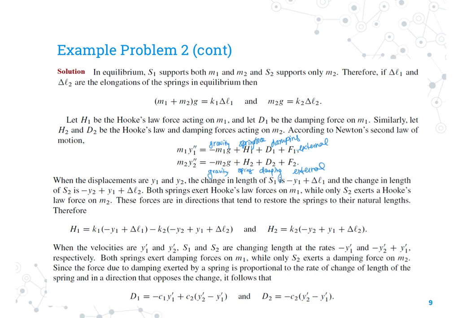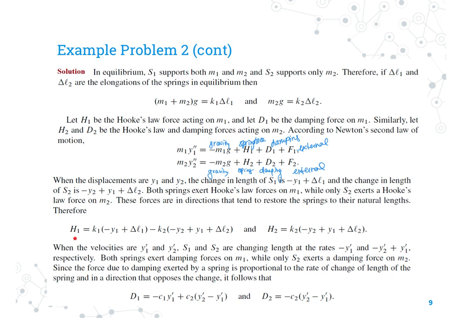So both springs exert Hooke's law forces on M1. This is what I mentioned earlier. And S2 only exerts a Hooke's law force on M2. So these forces are in directions that tend to restore the springs to their natural lengths.